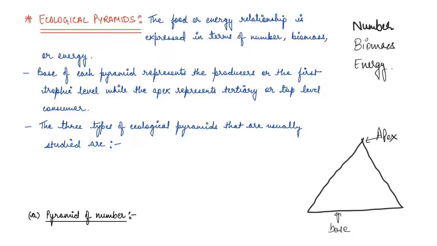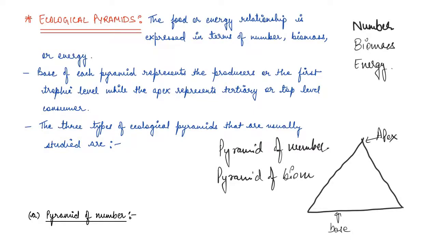So if we talk about the three different types of ecological pyramids which are studied, it is pyramid of number, then pyramid of biomass, and the third one is pyramid of energy.